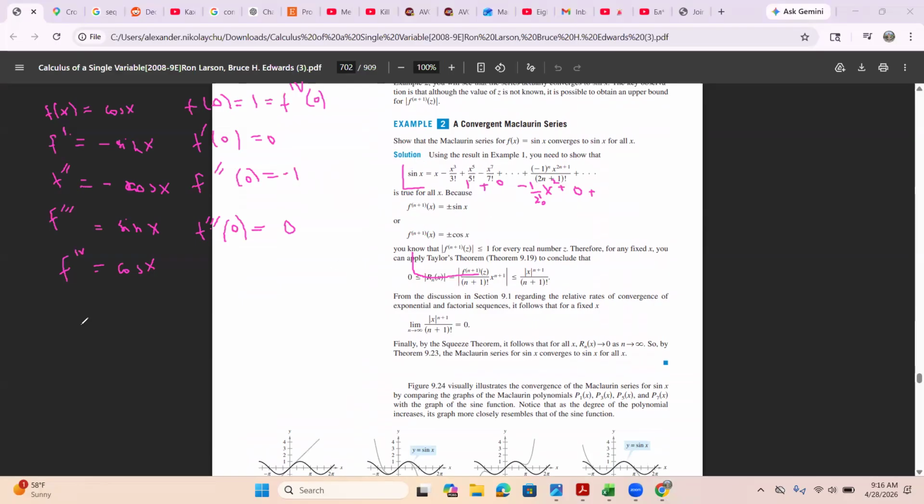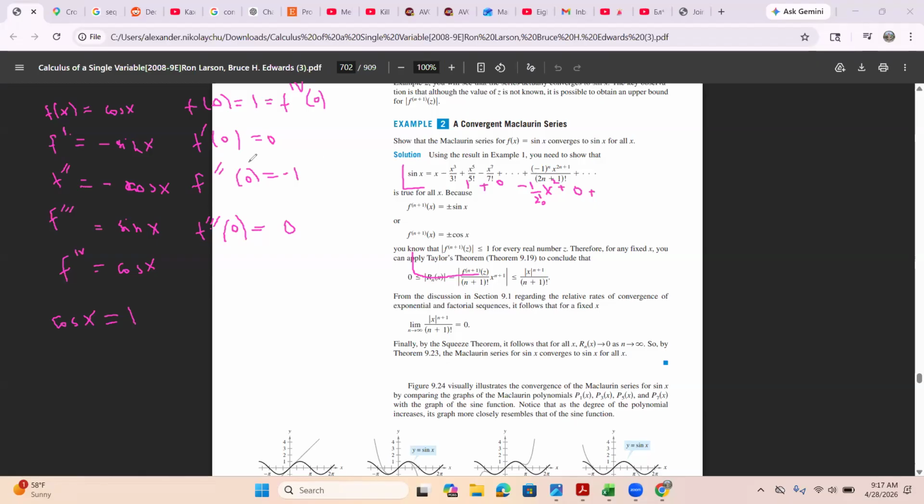Well, looks like the function cosine of x is gonna be turned into the following. So the first term is gonna be at point 0, which is 1, right? So we have our coefficient 1 over 0 factorial times x to the power of 0, which is also 1.